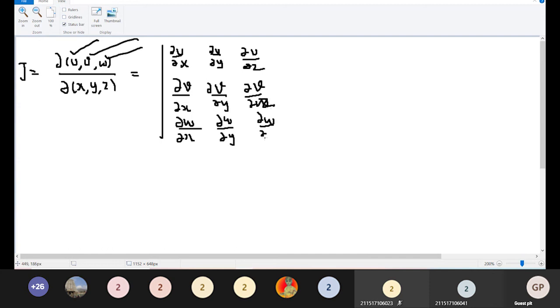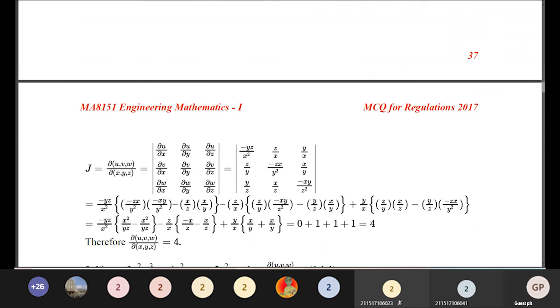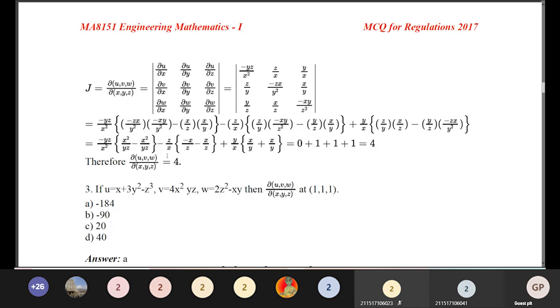So use the procedure to find the Jacobian.